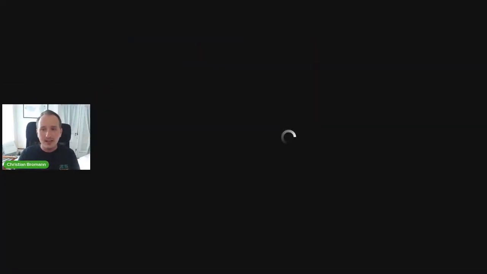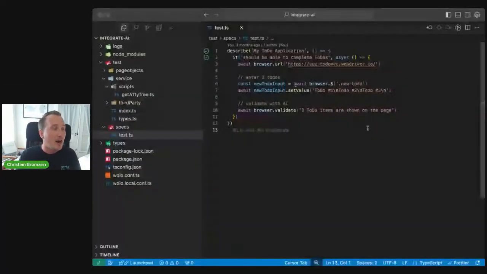I'm going to open my Cursor IDE. This was part of a workshop that I gave at Selenium Conference, where I asked the participants to create a service that allows you to validate assumptions about the state of the application with a single command using AI.